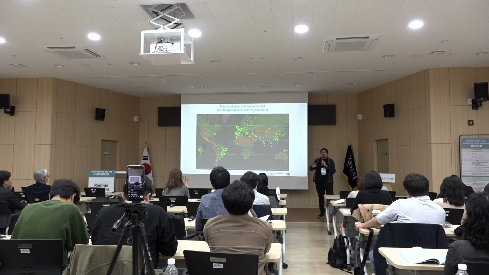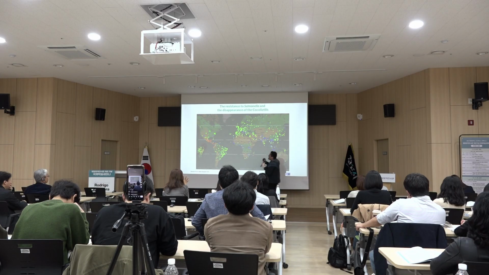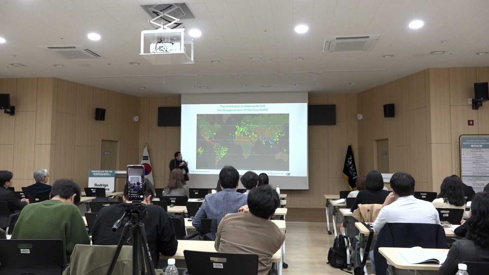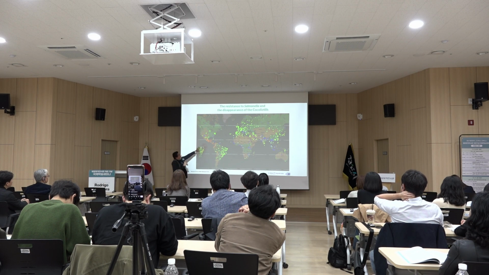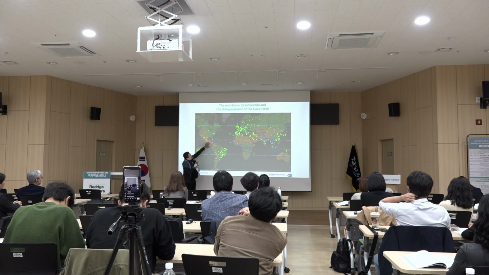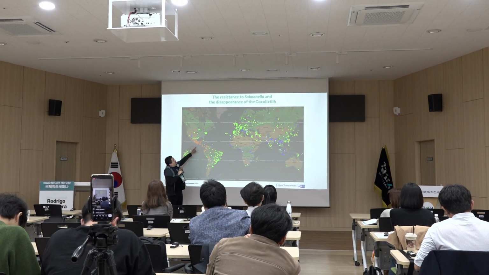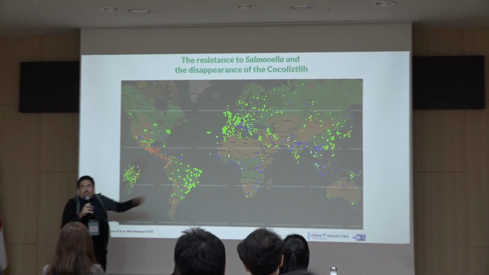Maybe it's not that story, maybe it's something else. Well, what if we map the frequency of this variant in the whole world? We can see that in all the places in which the Cocolisli was reported in historical records, we have the highest frequencies of this allele that is resistant to Salmonella.